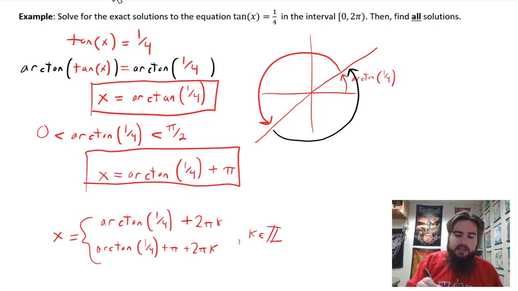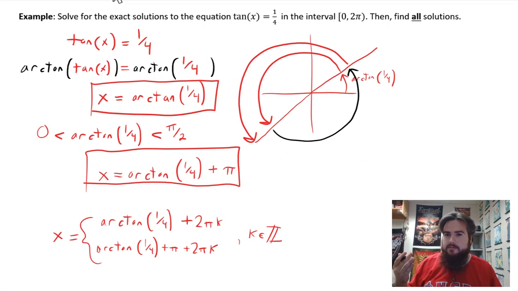Once I'm in quadrant 1 to get back into quadrant 3, I could add pi again. Meaning there is a consistent way to go from one solution to the next solution instead of defining these two separate solution sets. I can combine these.